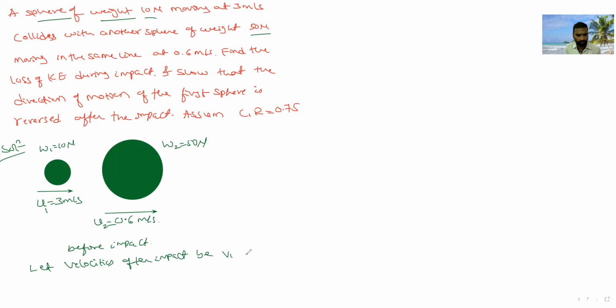After impact V1 and V2, from the principle of conservation of momentum. Yes, what is that principle of conservation of momentum? Initial momentum is equal to final momentum.